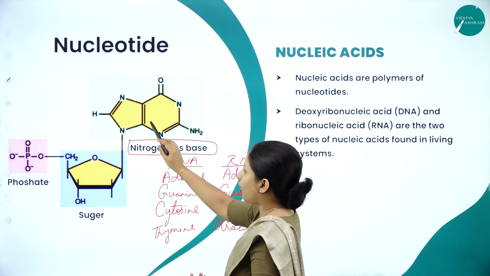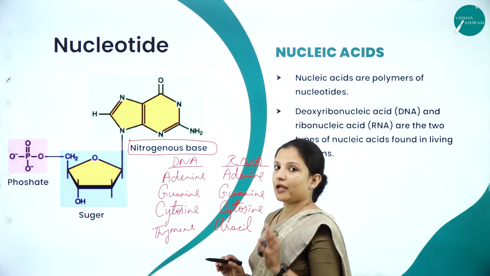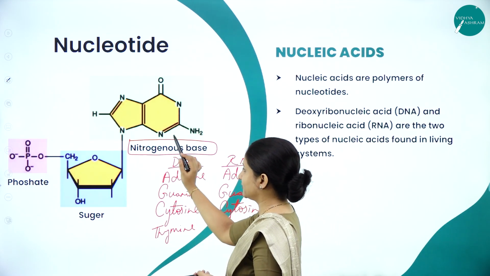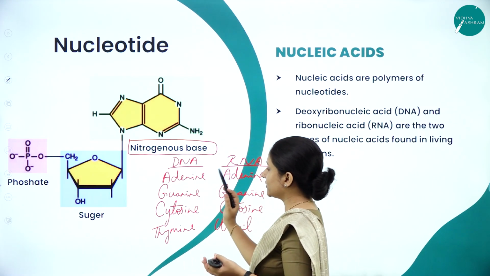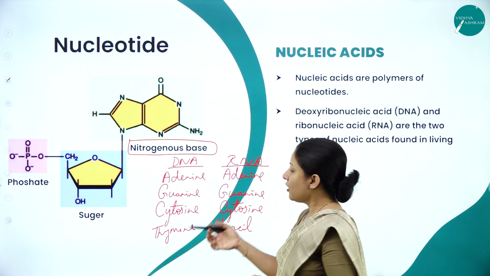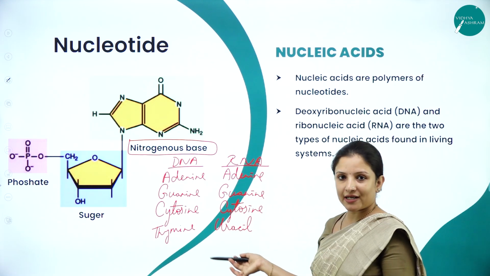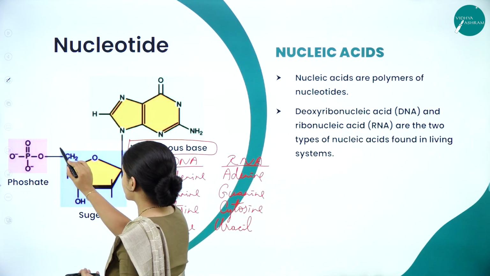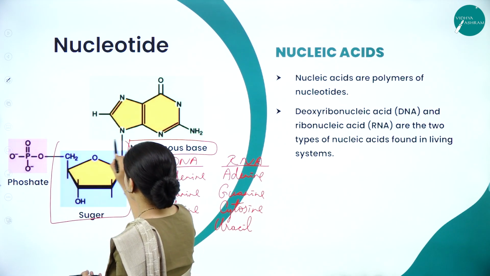So one of the components of a nucleotide is a nitrogenous base, which can be adenine, guanine, cytosine and thymine if it is a DNA, or adenine, guanine, cytosine and uracil if it is a RNA. Now talking about the other component, which is the sugar. This is the second component.